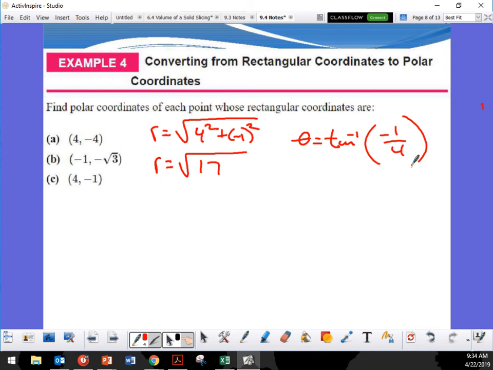So that's going to be something else that's going to be in quadrant 4. So this is going to be one that you want to use your calculator on, because this is not a pretty one.